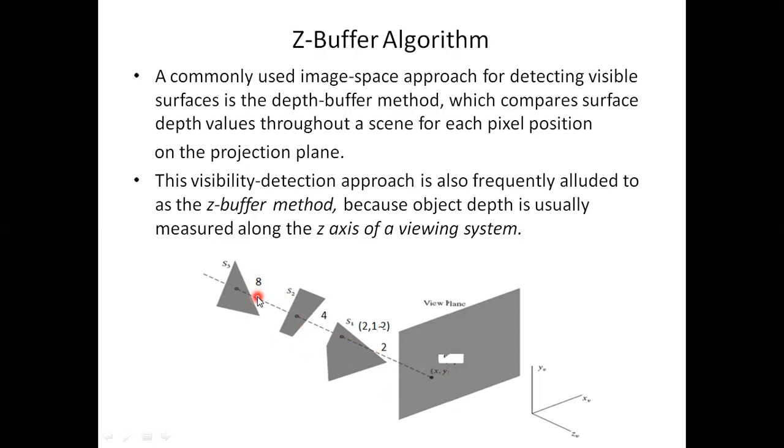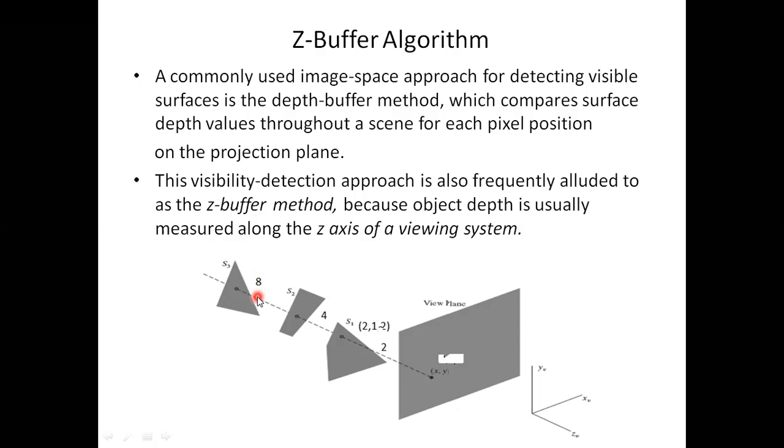So this is about the prerequisites of this algorithm. This algorithm works considering pixel by pixel. That is the first prerequisite. The second prerequisite is that this algorithm works on the z-axis of the object, that is the length of the z-axis of the object.